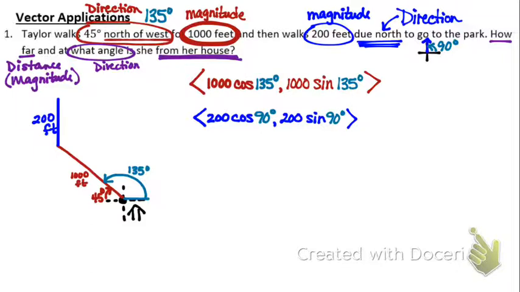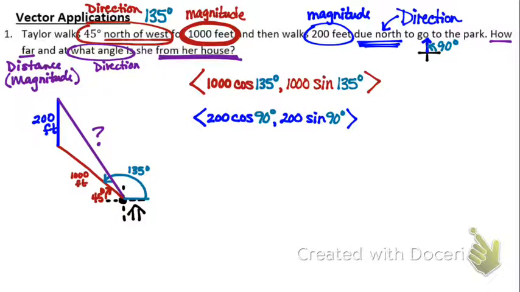So visually, what we're going to be finding is this third side of the triangle over here. I need to know how far, and I need to know what kind of a bearing it would be.